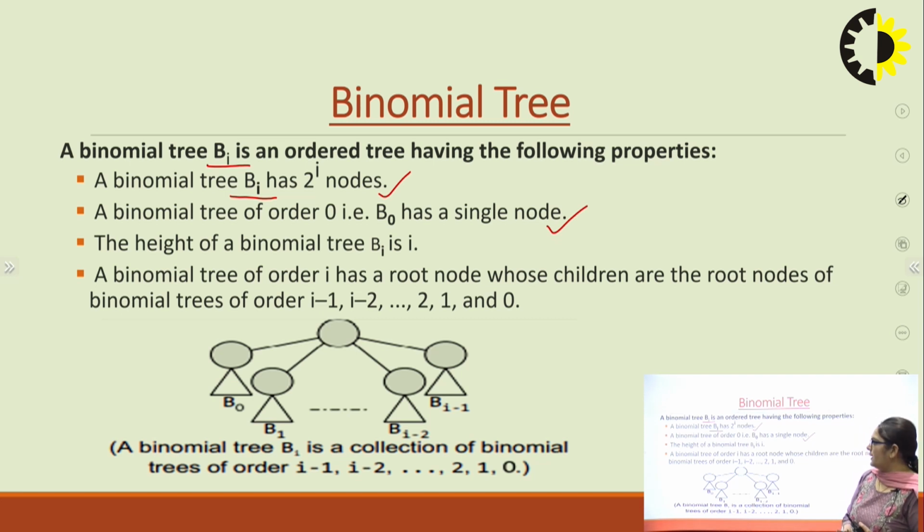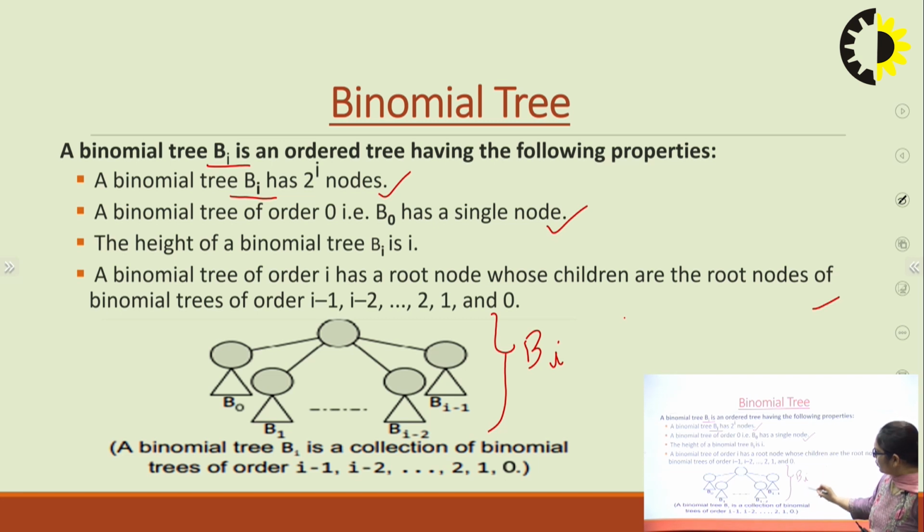And fourth property says that a binomial tree of order i has a root node whose children are the root nodes of binomial trees of lower order, that is i minus 1, i minus 2 up to 2, 1 and 0. For example, as you can see in this tree, here we have a binomial tree of order i.